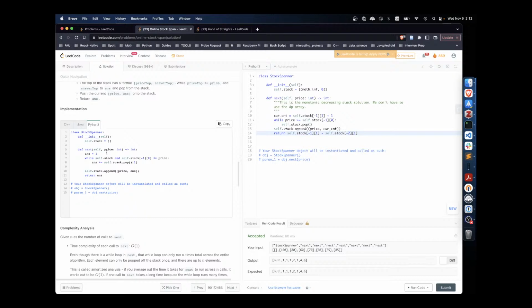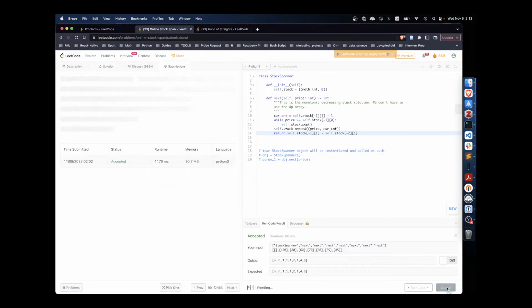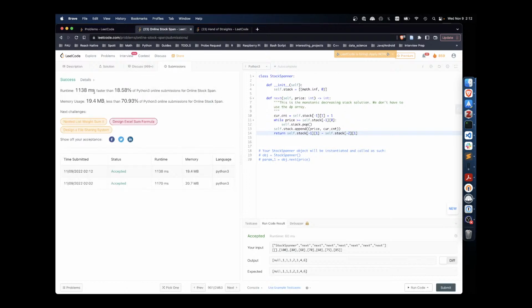Oh, the number gets popped. Yeah, now I'll use this. It's the same thing. It's not any faster, but saves space, memory.